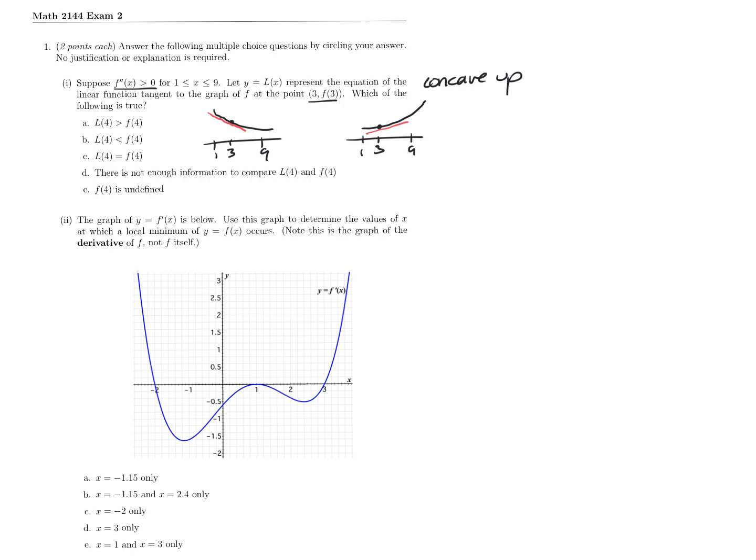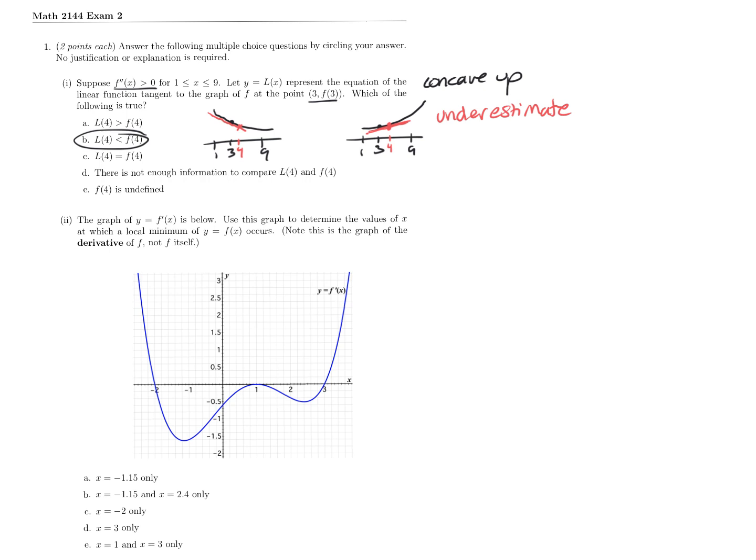And what you'll notice is that the tangent line is an underestimate in both cases. So at x equals 4, say we have 4 here, it's going to be underneath. So for all cases, we're going to have L of 4 is less than the actual value of that function.